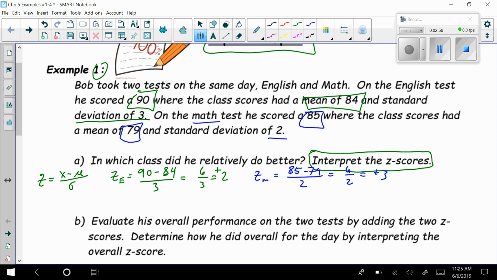Now, when you're comparing them to figure out which one he did better in, is a big z-score better? Well, the higher the z-score means higher above the average he did. Here, this 3 here is further from 0.